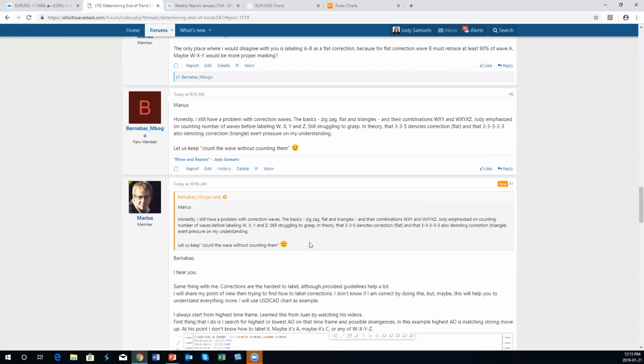And then, yes, a triangle will start out as 3 waves and then 3 waves, and you really don't know that it's a triangle until we get to the 3rd 3-wave sequence, and you can see that the waves are getting shorter and shorter, and that in fact will play out to be a triangle. And when I say let's keep counting the waves without counting them, what I mean by that is to use the wavy tunnel to count the waves.